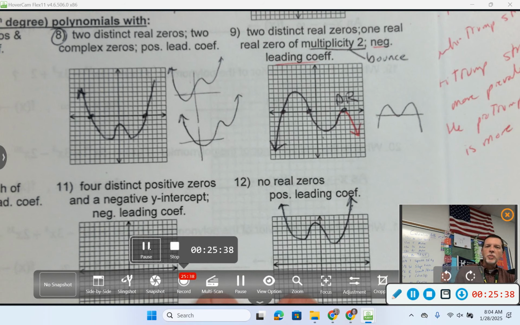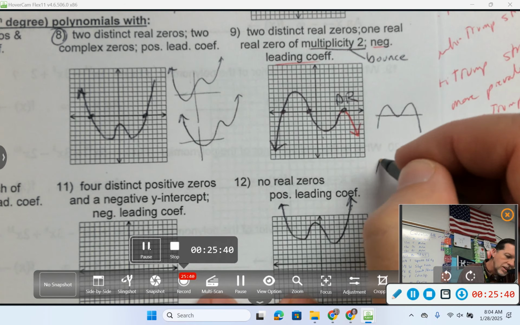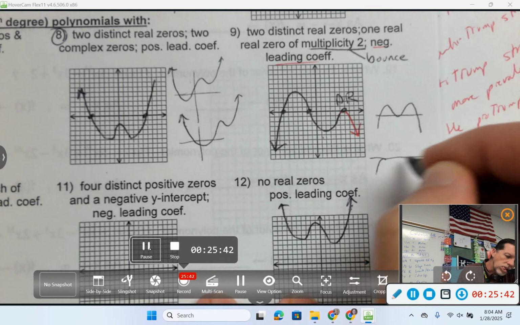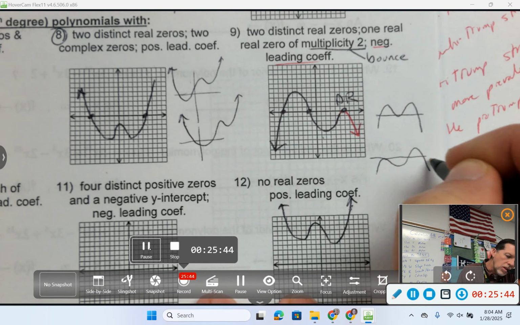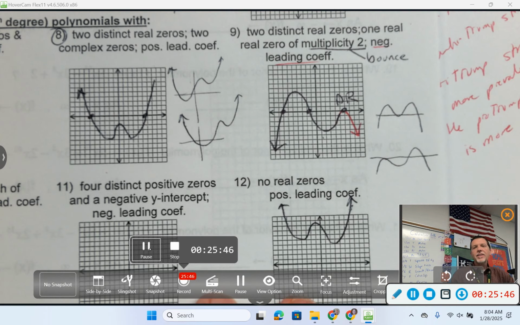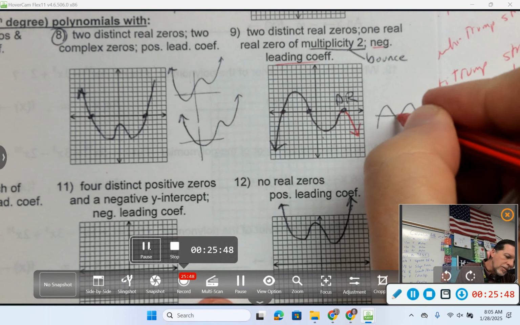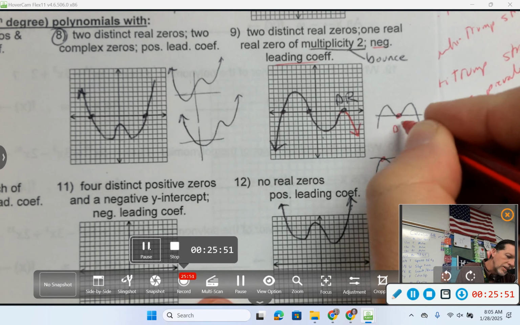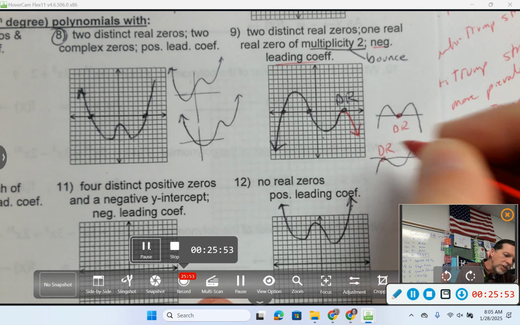You could put the double root in the middle, or you could put the double root on the left. So it's just a matter of where you want your bouncy root.